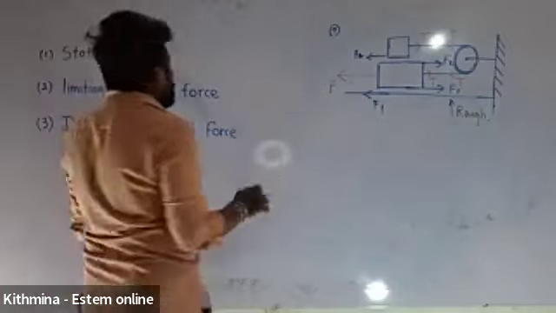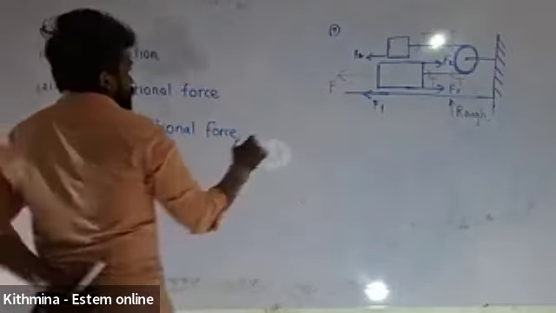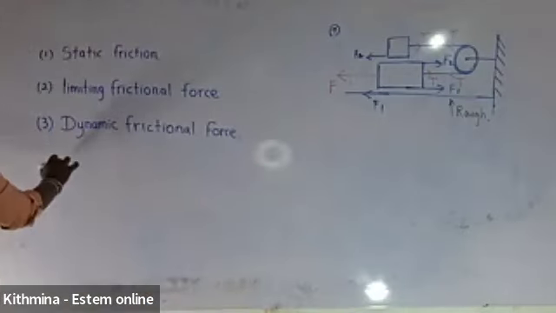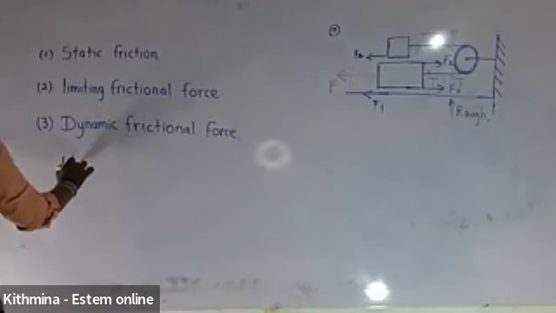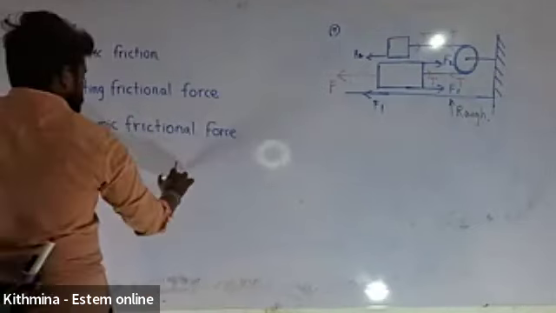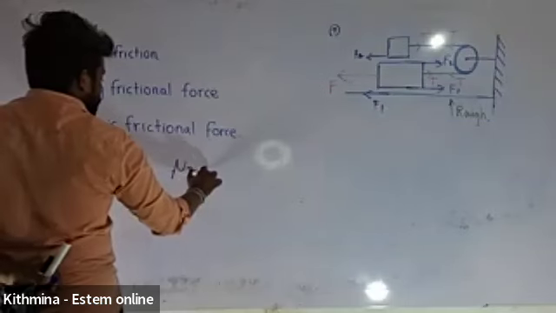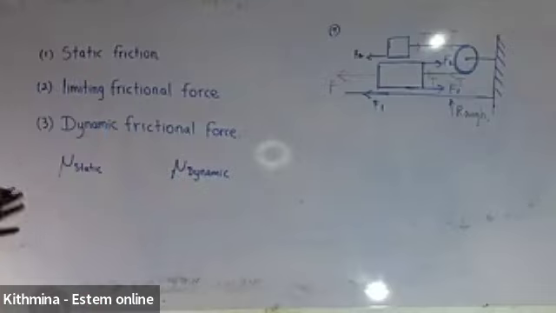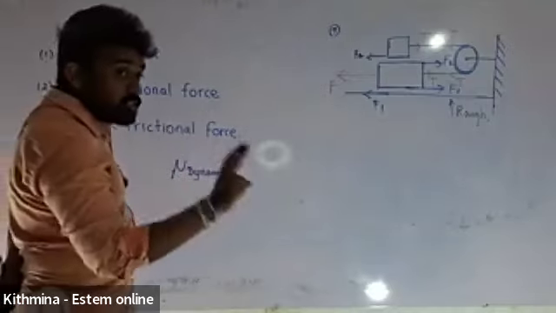There are two frictional coefficients also: mu static, and the other one is mu dynamic. By these, we can get the magnitudes of two types of frictional forces.